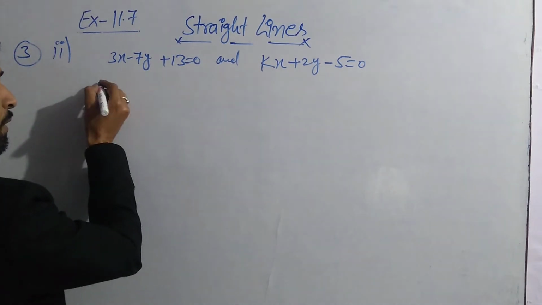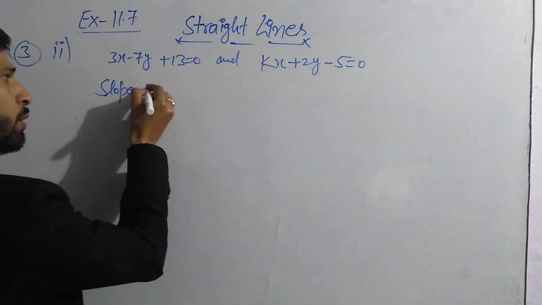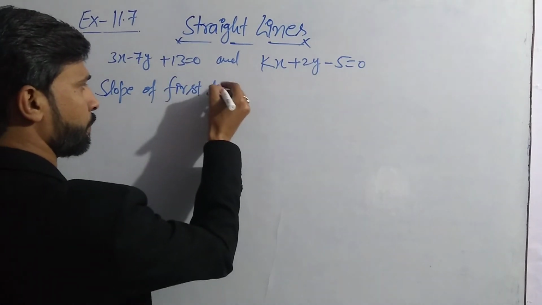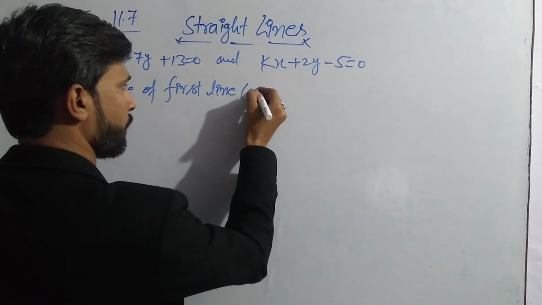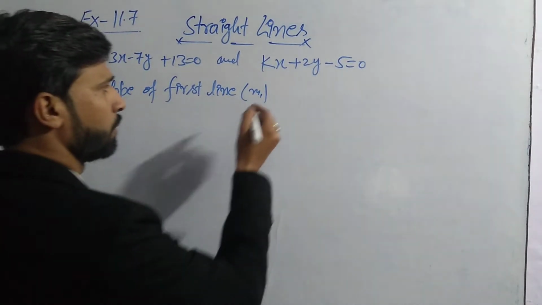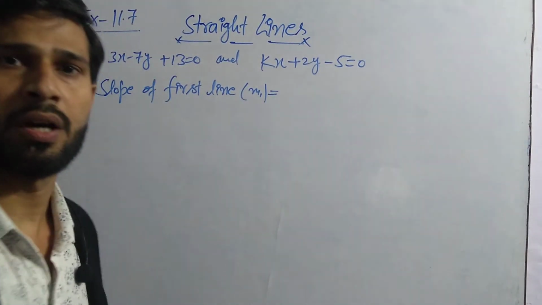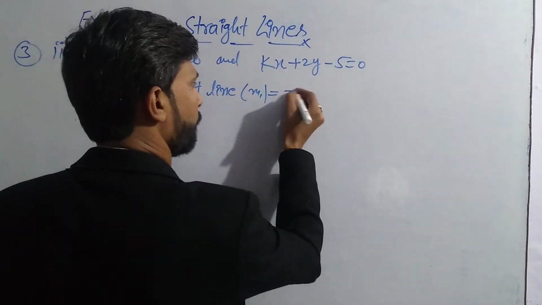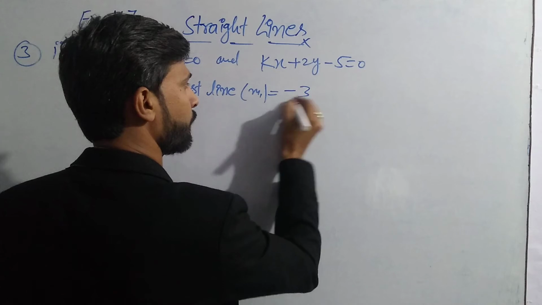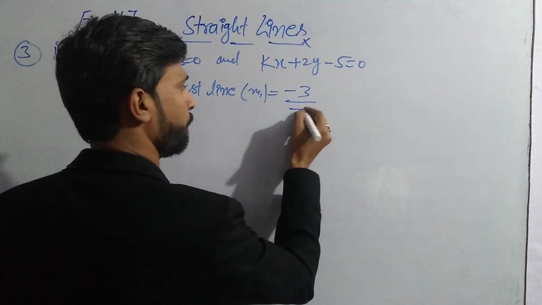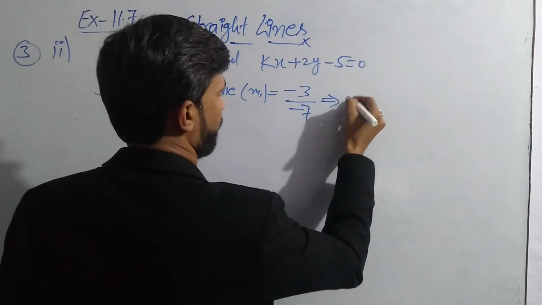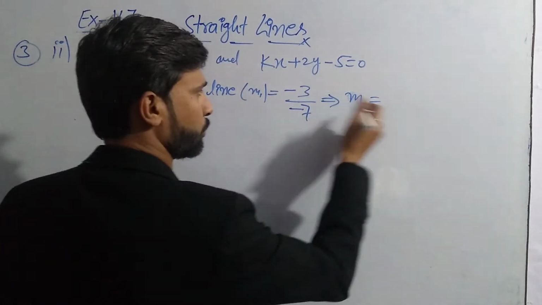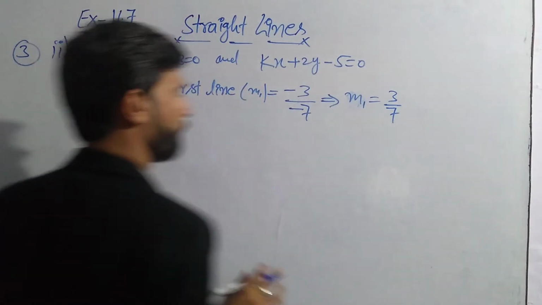Now first line means slope of the first line, denoted by m1, by using the same formula, minus coefficient of x upon coefficient of y. Coefficient of x is 3 and coefficient of y is minus 7. m1 is equals to 3 by 7.